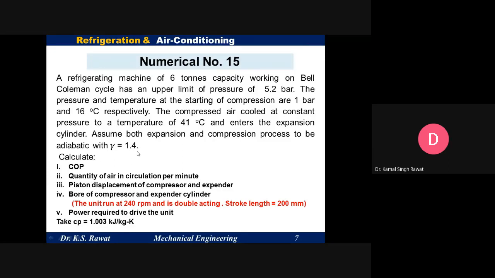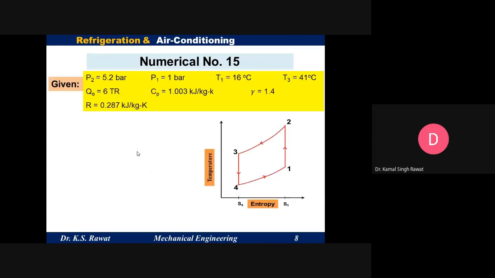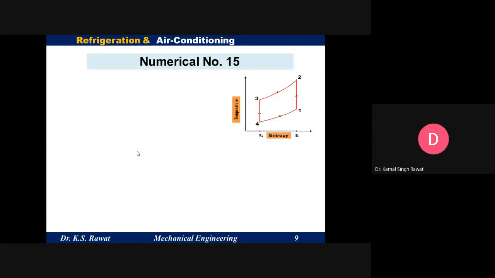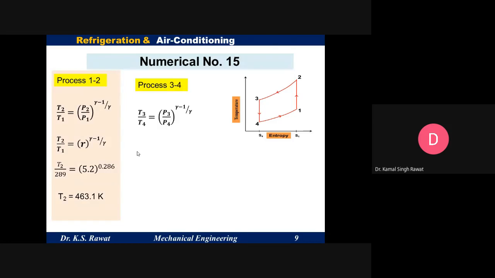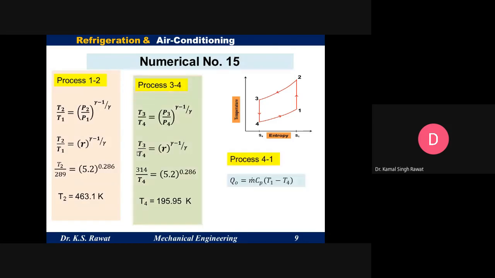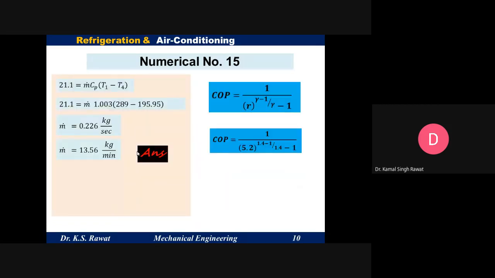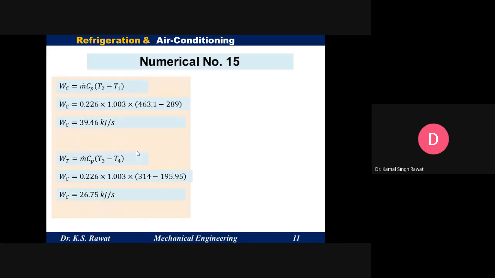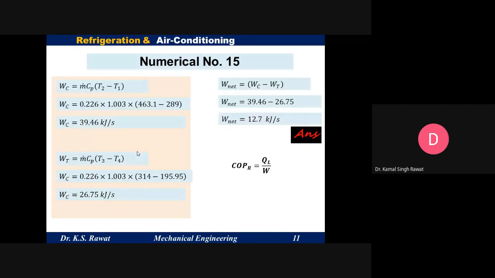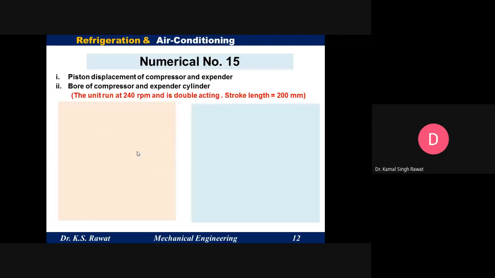Both processes can be polytropic, or either compression or expansion process polytropic. So we have to solve accordingly. Now I am going to introduce the third type of numerical, that is numerical number 14, numerical number 16. And this is based on the actual Bell-Coleman cycle.